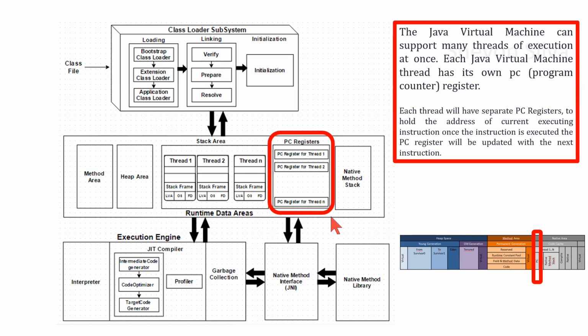Once the instruction is executed, the PC register will be updated with the next instruction. You can see a number of PC registers here, and in this diagram you can see the PC registers for each thread.